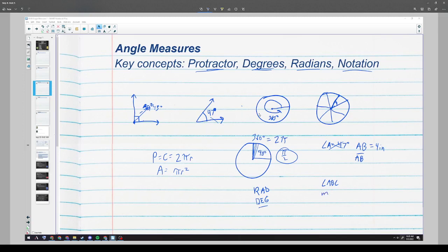So we put a little m and then angle ABC, and we say that equals 47 degrees. So our notation for how to write the measure of an angle is just to put a little lowercase m in front of the name of the angle, and then we know that we're getting the measurement of it, not referring to the angle, like the object.